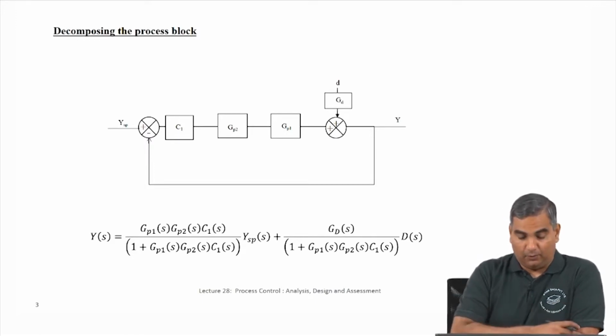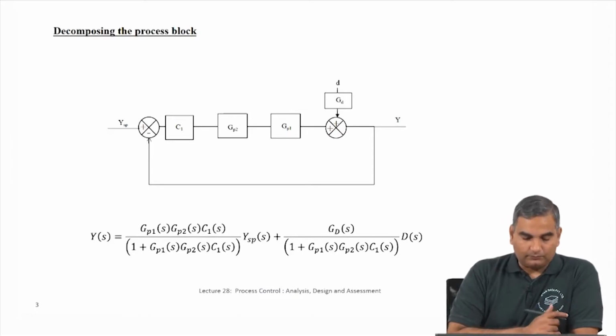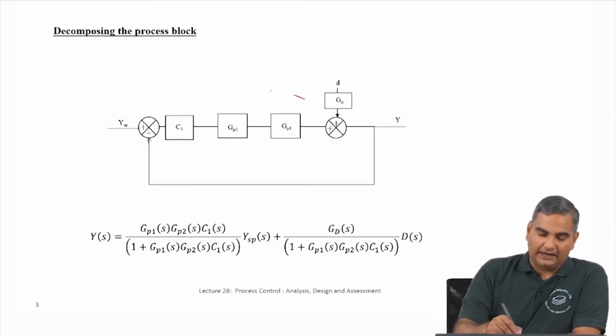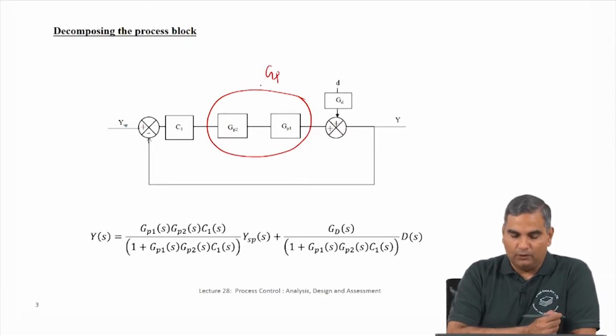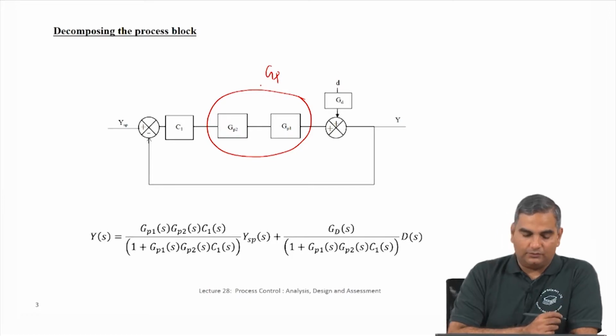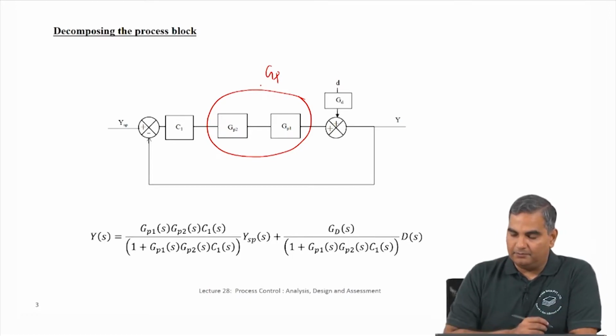Let me explain what I mean by that. In the previous picture, we had both of these together as GP. Let me take an example of how this works. Let us take a simple flow example.